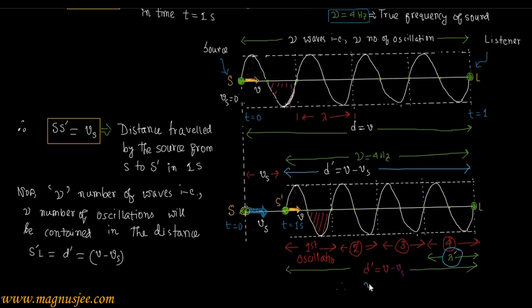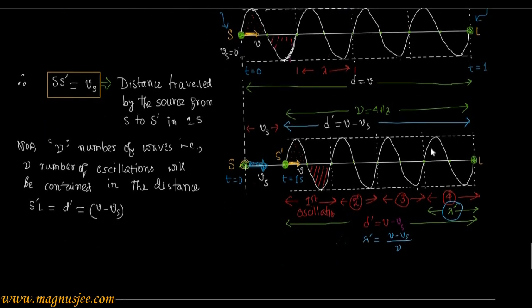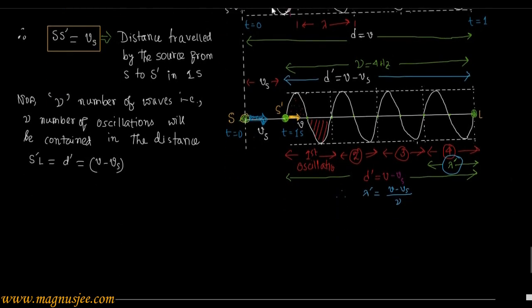Lambda prime is the apparent wavelength, that is the distance traveled by the sound wave in one complete oscillation. In this case, lambda prime will be equal to v minus vs divided by actual frequency nu.